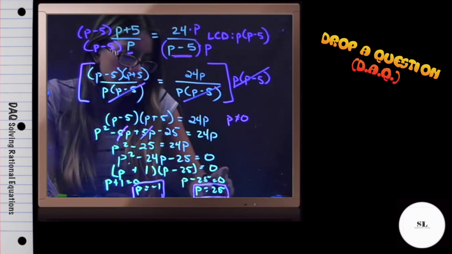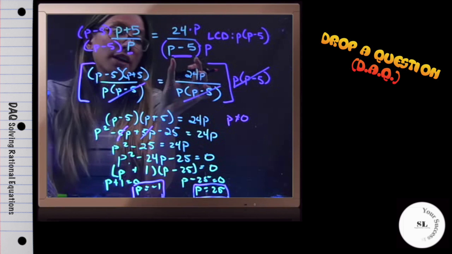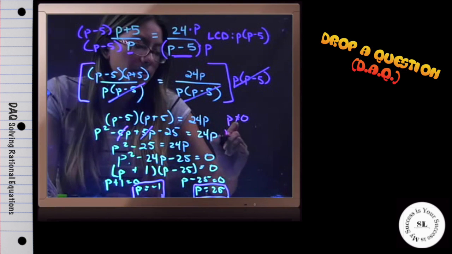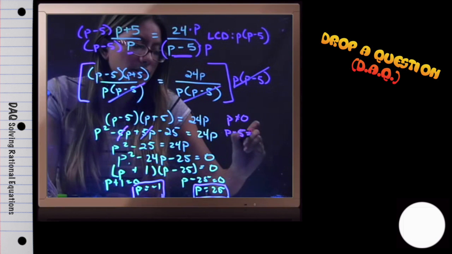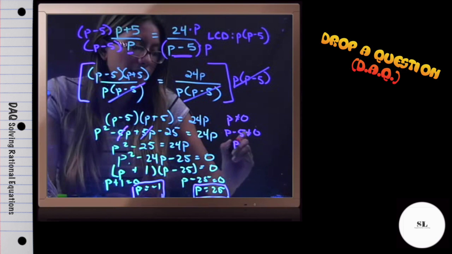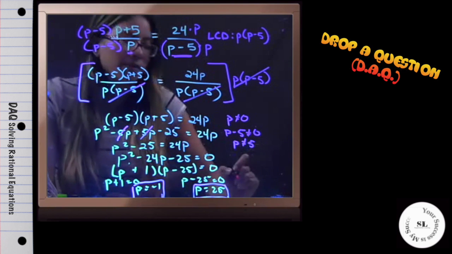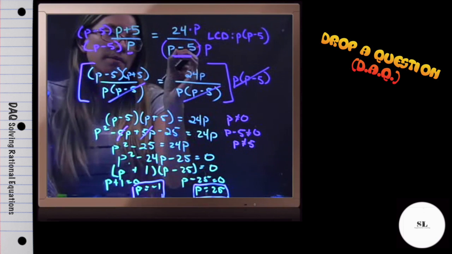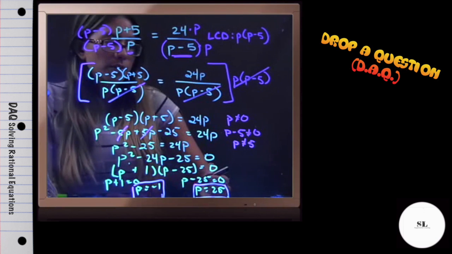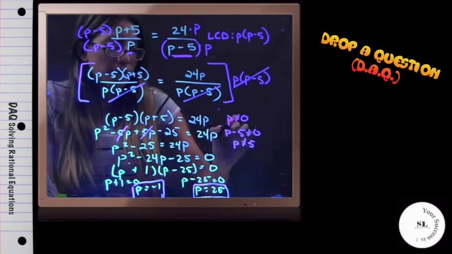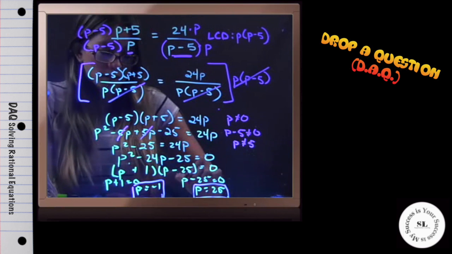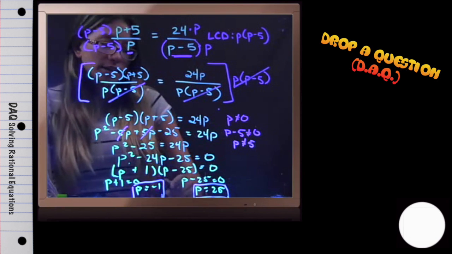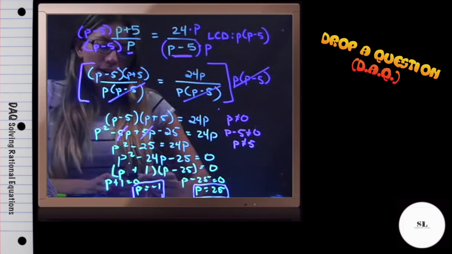We have negative 1 and 25, so we're still okay. Now checking our second, we have that P minus 5 is not equal to 0. When we solve for this, we have that P cannot be equal to 5. Because when we plug P equal to 5 here, 5 minus 5 makes 0 in our denominator. So we have to make sure that P is not equal to 0 and not equal to 5. So our answers, negative 1 and 25, are viable for this problem.